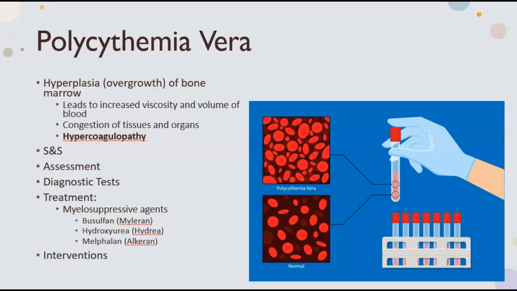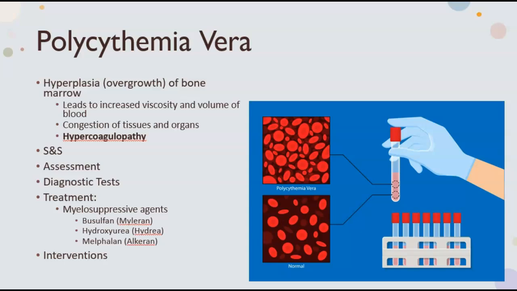The treatment of polycythemia vera is the removal of the blood. So they will go and get some phlebotomy to remove around 500 to 2,000 mLs of blood, and that's going to be continually removed until the hematocrit is maintained at 45 to 48%.